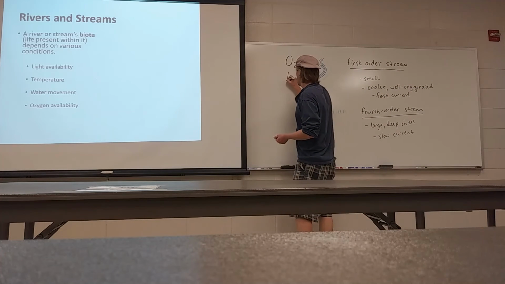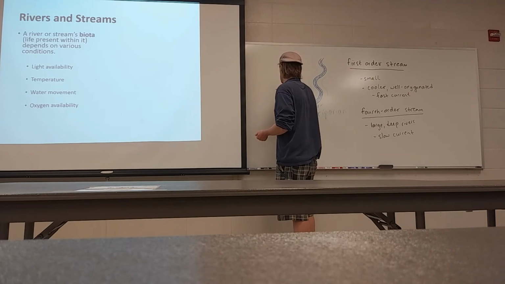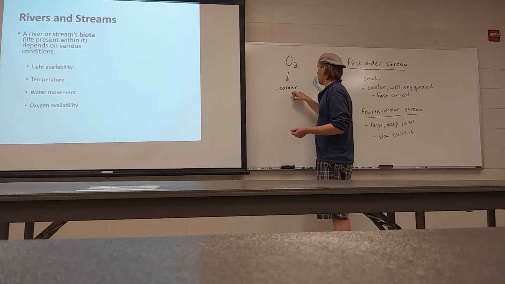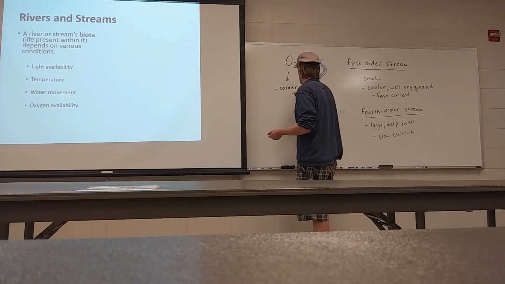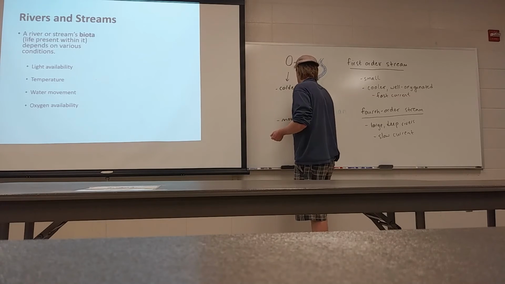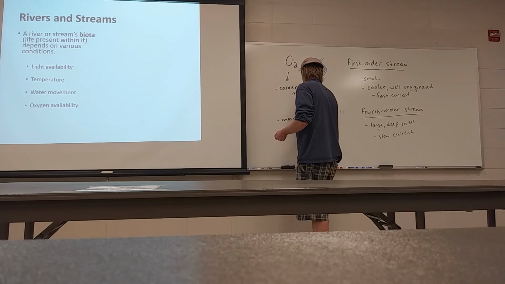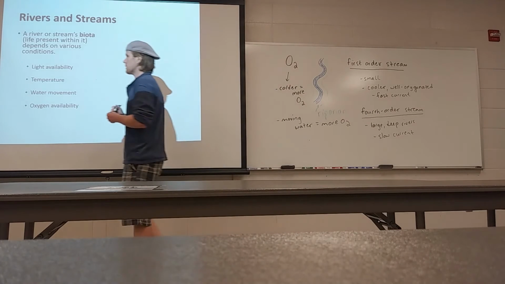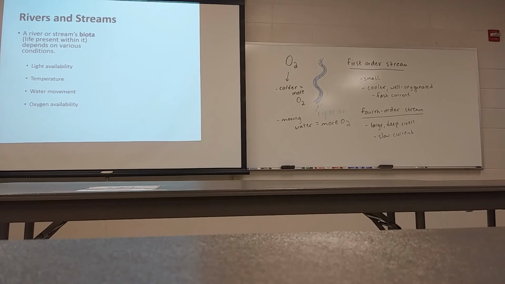So, what type of environment produces more O2 availability? Colder equals more available oxygen, and moving or flowing water tends to provide greater access to dissolved oxygen in the water.